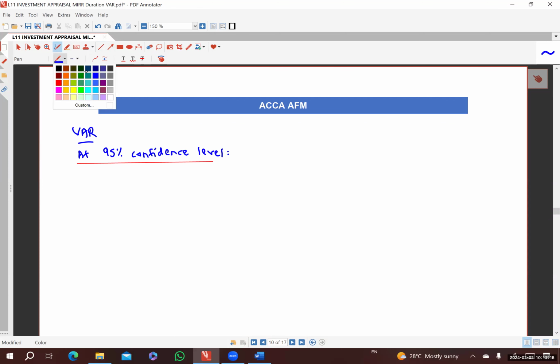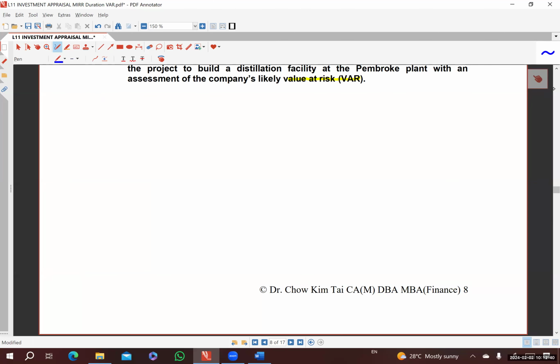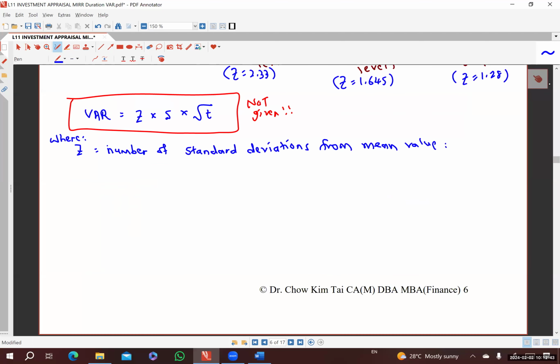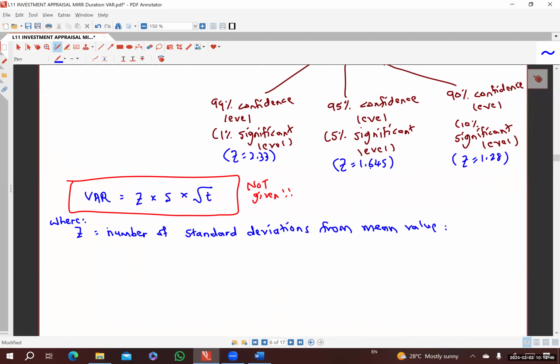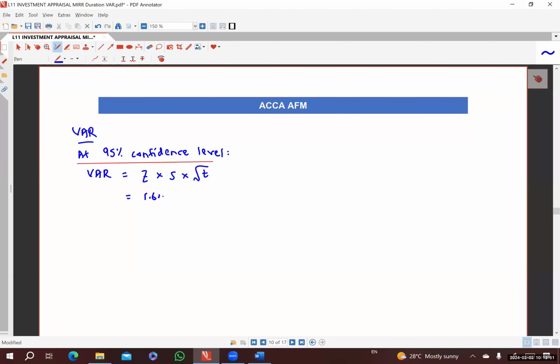At 95%, the z-score is 1.645. Standard deviation is given.